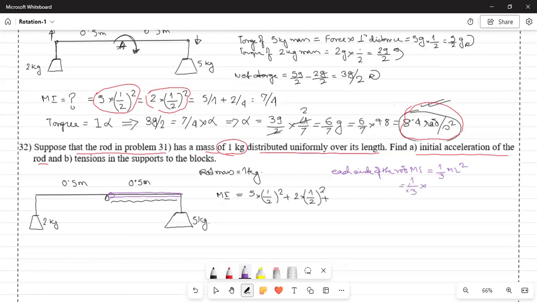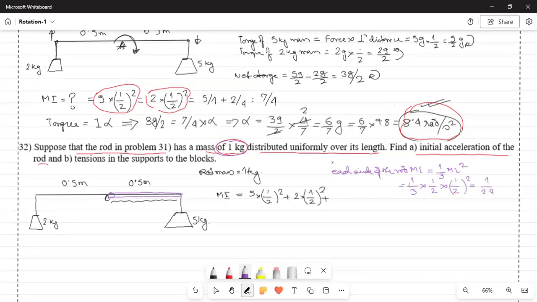What is the m? The rod has a mass of 1 kg, so the mass of half of the rod is half kg. Length of the rod, L, is half meter, so it is half square. This becomes 3 twos are 6, 6 fours are 24. This becomes 1 by 24.